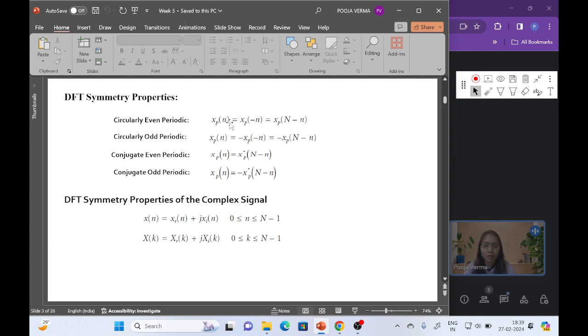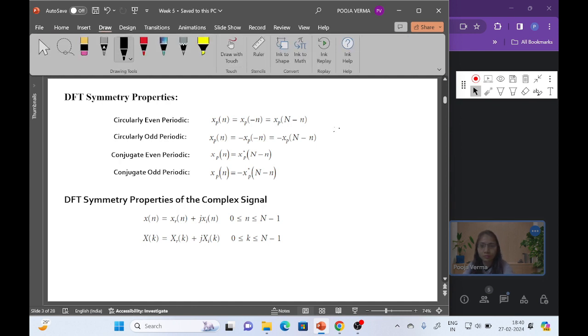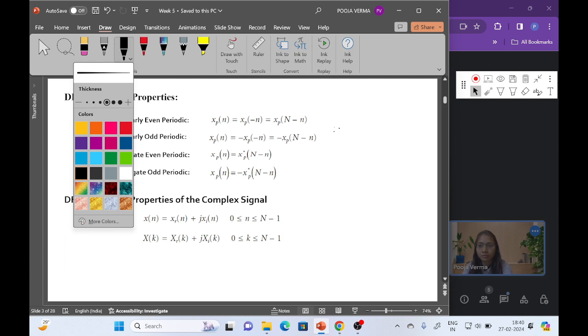All of you know that a signal is said to be even if x of n is equal to x of minus n. The even periodic signal xp of n is represented by xp of n is equal to xp of minus n, which is xp of N minus n.